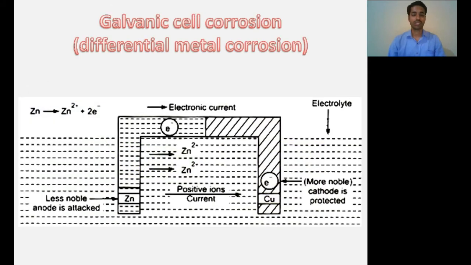This corrosion type is also called differential metal corrosion, because there are two or more metals involved.